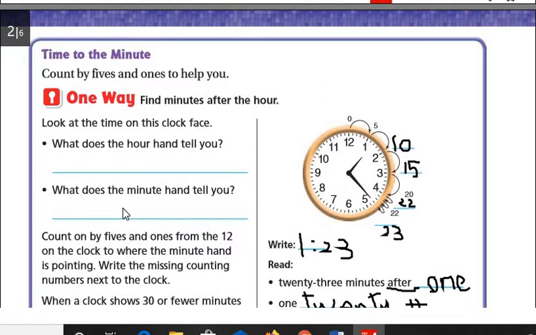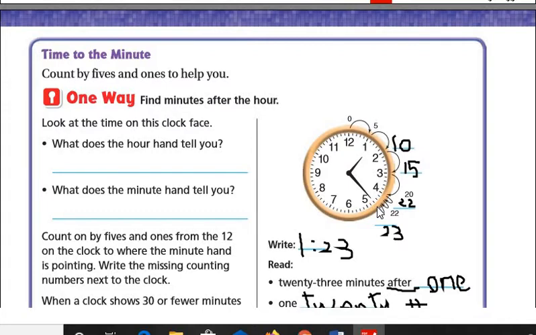Here we have another clock face. We want to tell time to the nearest minute. Why to the nearest minute, not to the nearest 5 minutes? Because as you see here, the minutes hand points at a certain number. It doesn't point at 4 or 5.